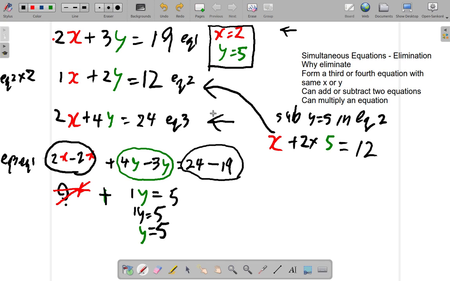Alright? So that's what we're doing. Now, substitute y equals 5 in equation 2. We know that y is 5, so instead of writing y, we write 5. Here, you see that? Now 2 5s are 10. So what we have is x plus 10 equals 12. What plus 10 gives you 12?